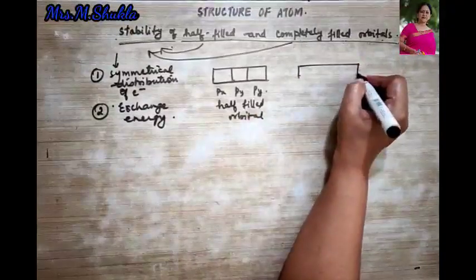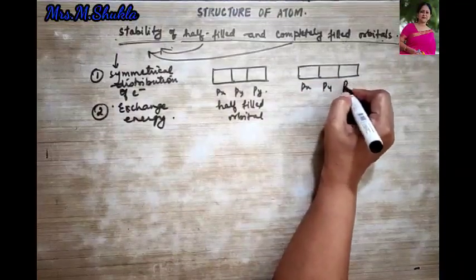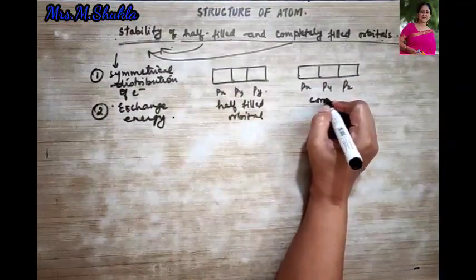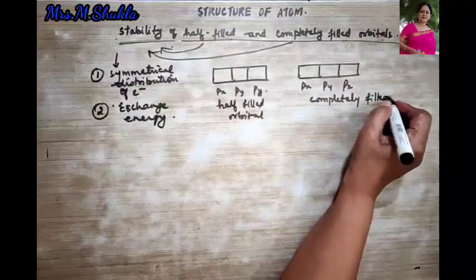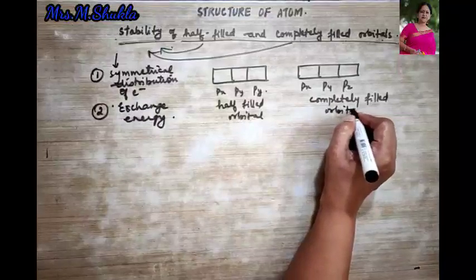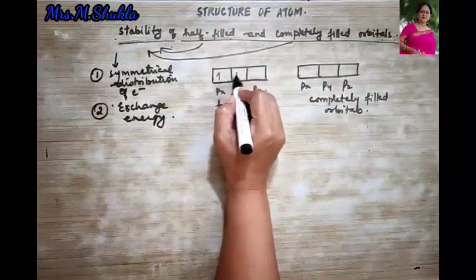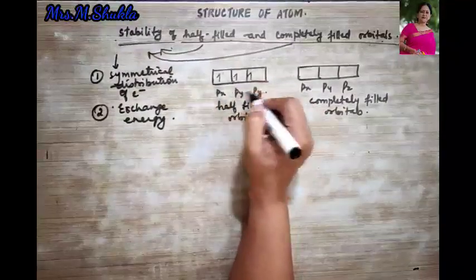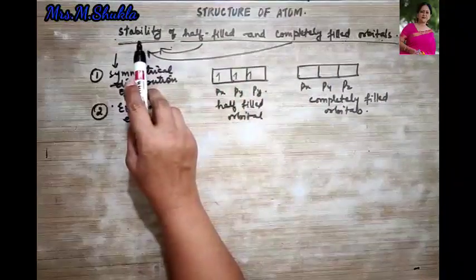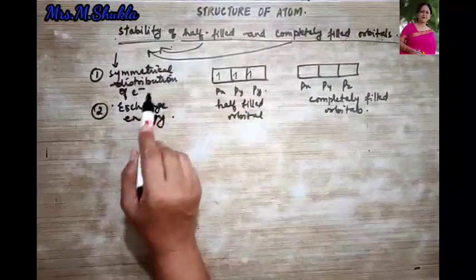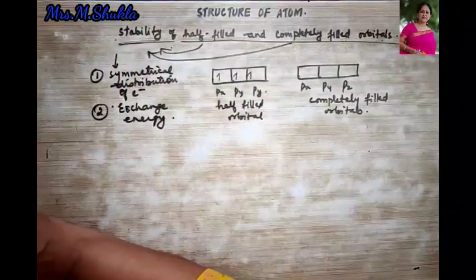And here I am going to show you px, py, pz completely filled orbitals. So what do we mean by half filled? When there is just one electron in each of the degenerate orbitals, it is said to be showing symmetrical distribution of electrons, and hence it shows stability also.